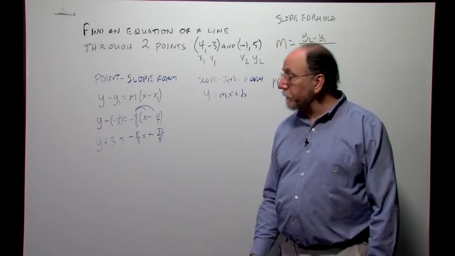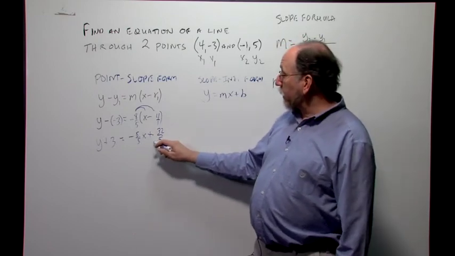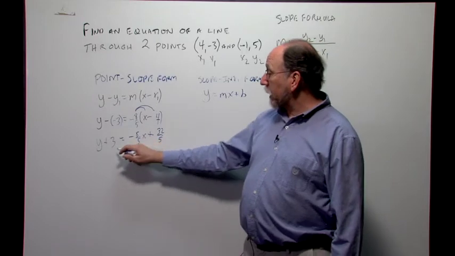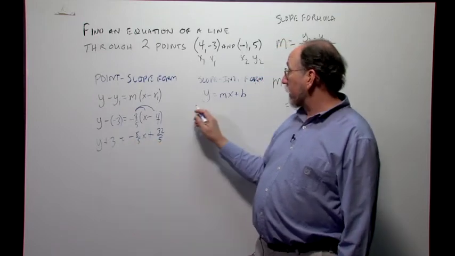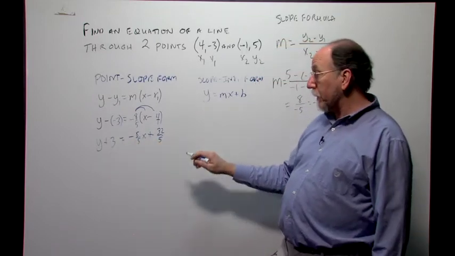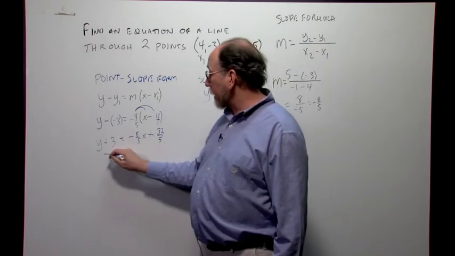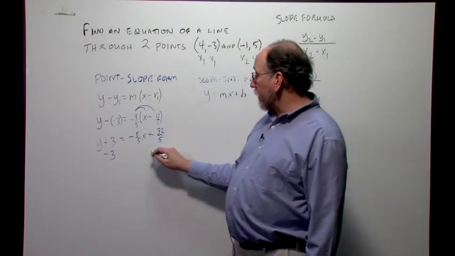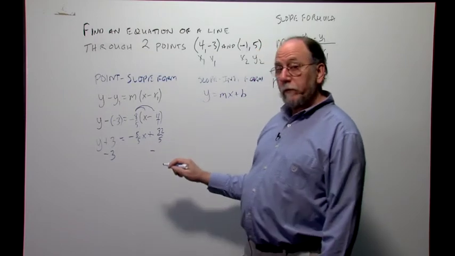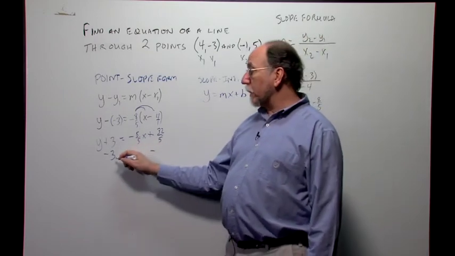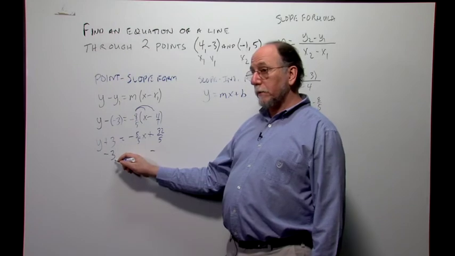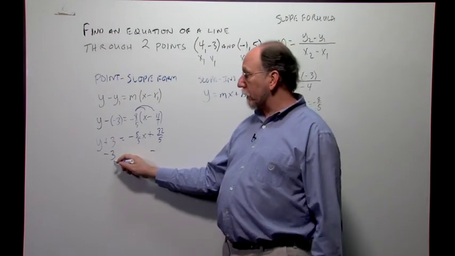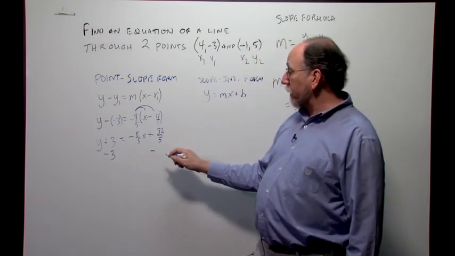Okay, we're almost there. Notice we have mx plus a number here, but that's not b because we need to get just y over here. This has just y. So I'm going to subtract 3 here. When I subtract 3 over here, I need to have it in fifths. Each one of the 3 ones that are there is 5/5.